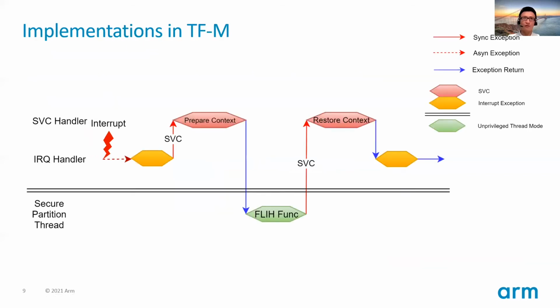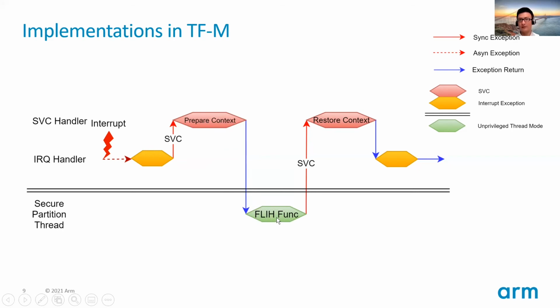To solve this problem, this is the implementation in TFM. The exception return to the FLIH function is carried out in the SVC handler. So when you do the exception return in the SVC handler, it is the SVC exception that is deactivated. And when you return to the FLIH function, there is still this interrupt to be handled, which is active.